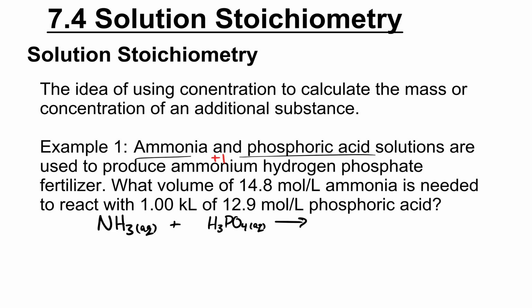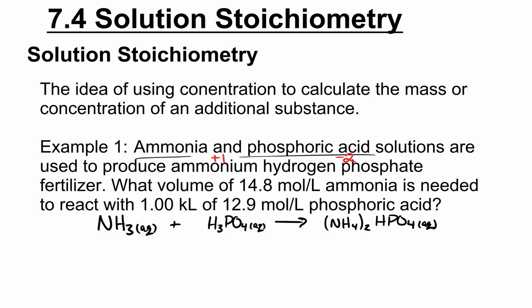Hydrogen phosphate is -2. So we need 2 ammoniums and 1 hydrogen phosphate to make a neutral compound.